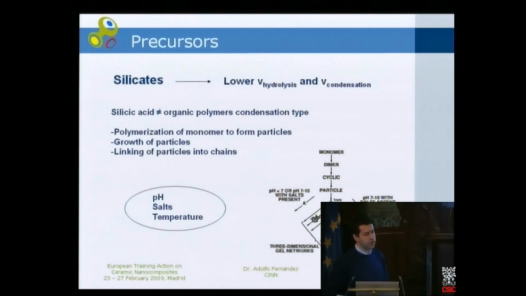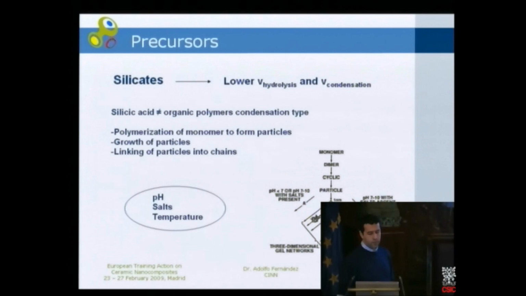In the particular case of the silicates, as I said, the lower hydrolysis and condensation rate allows a deeper study of this kind of reaction, but its behavior is completely different to the behavior of organic polymers in solution.